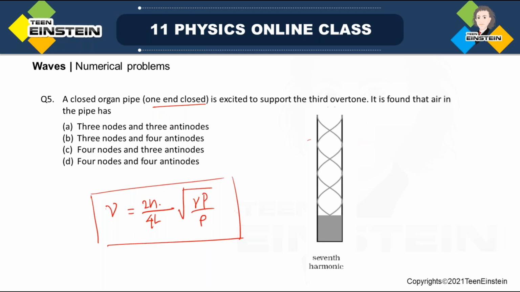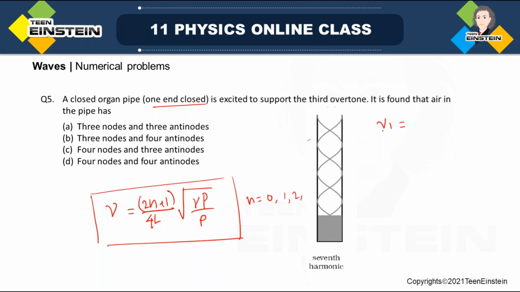It will be actually 2n plus 1 divided by 4L, and n starts from 0, 1, 2, etc. So we'll get only odd frequencies or only odd harmonics here.